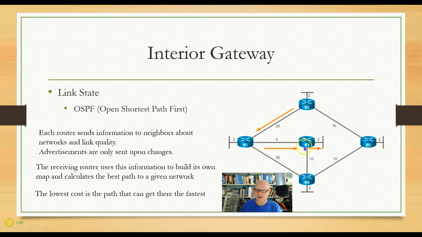It's going to go 5, 10, that's 15, 25. It'll take this route to get over there, whereas it will not take this route, because that will cost it 30. So this router, the receiving router, will draw its own map of the networks it knows about, and will figure out on its own the least cost path in order to get to where it's trying to go.